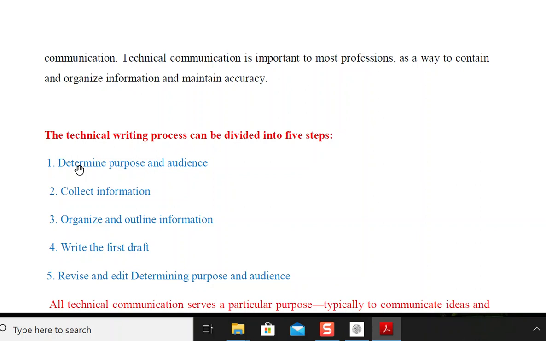Clear? So being a technical communicator, you must have an exact purpose, why this report is being written, who is the audience, who will read it, and what kind of steps will be based upon this report. This is very important to know before you initiate any technical communication.